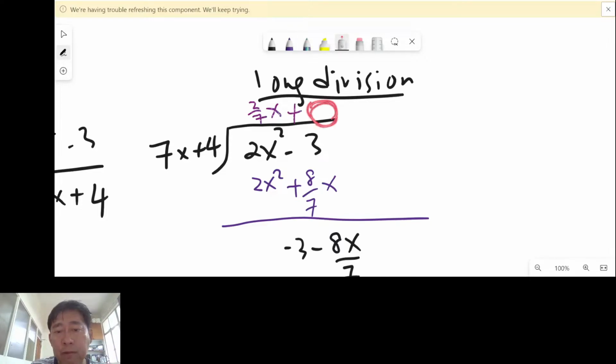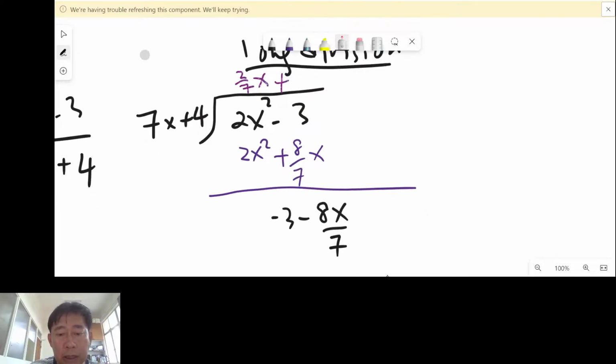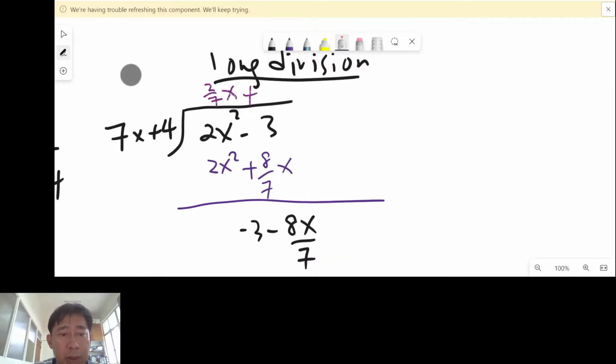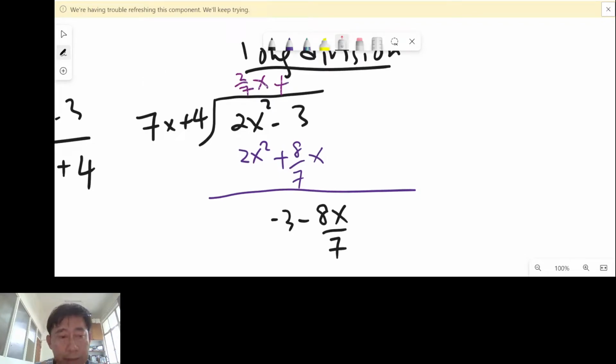It has to be a number such that when it is multiplied with 7x plus 4, it gives you a factor of minus 8x over 7. So you have an x, then you want a number of 8 over 7, and here you have a 7. So what you do is multiply this with, I think, 8.